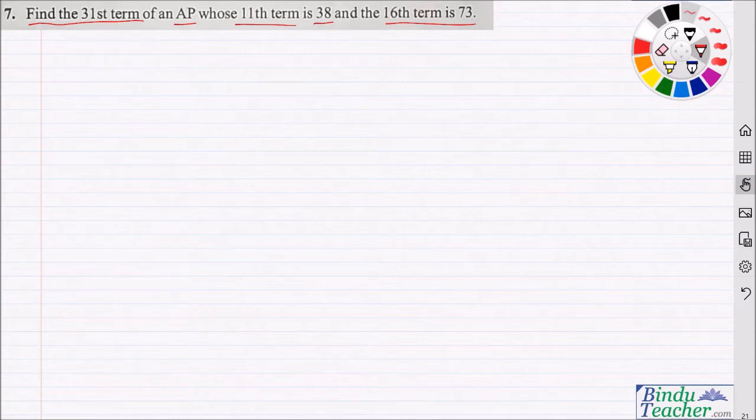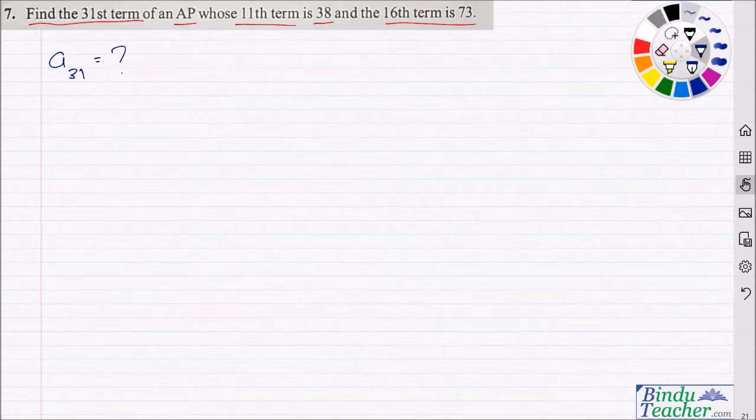Let's start by writing down what we know from this question. It is given, find the 31st term, right? So how do you define a term in arithmetic progression? We usually say a of n. Here they said find the 31st term, so we have to find a of 31, which is unknown.